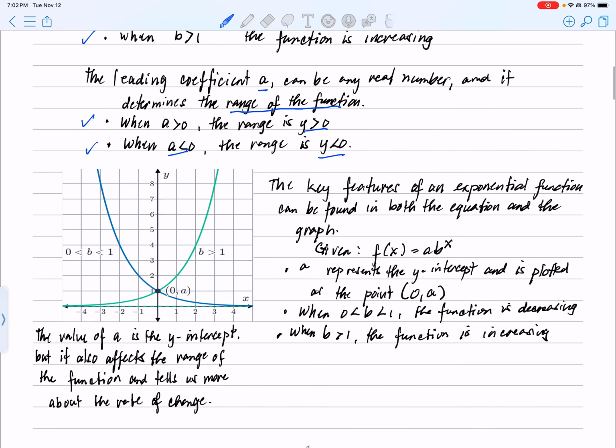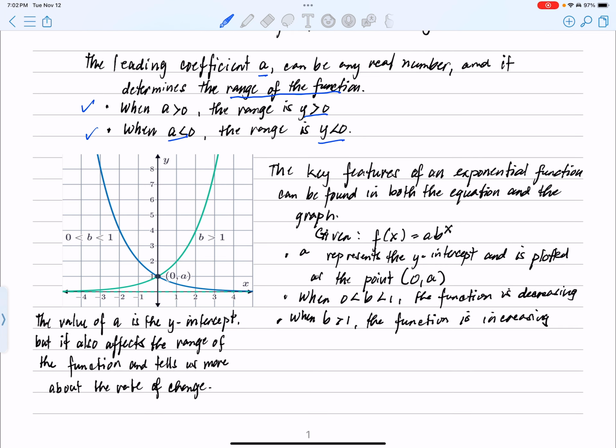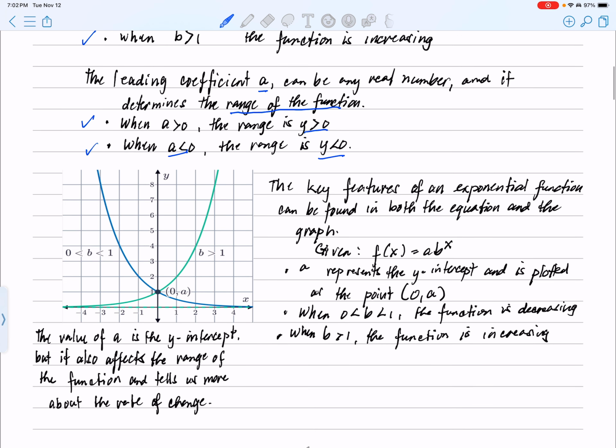Now, here is a graph wherein two curves intersect at a certain point. The green one is the graph when b is greater than 1.